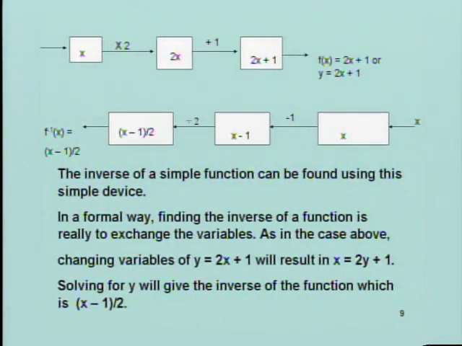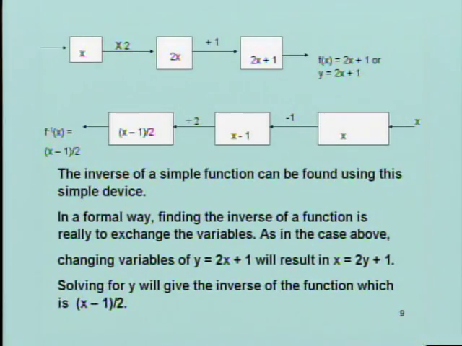That result is the inverse of the function f of x is equal to 2x plus 1 and can be written as f inverse of x equal to x minus 1 all divided by 2. The inverse of a simple function can be found using this simple device.